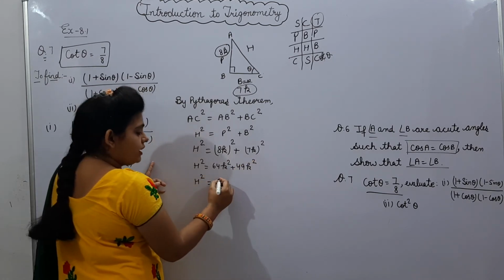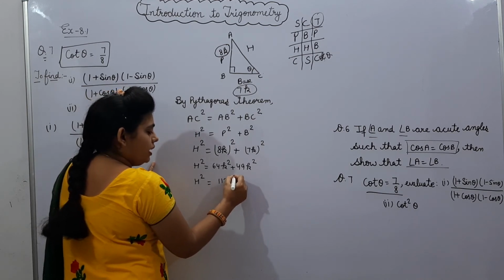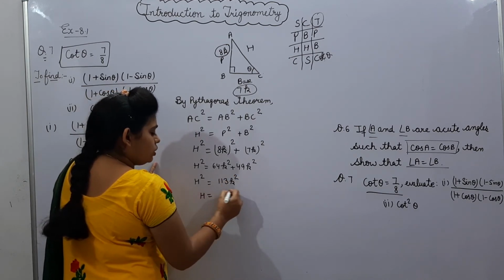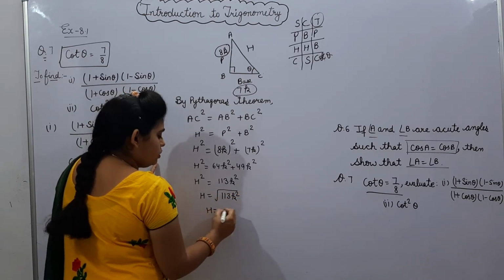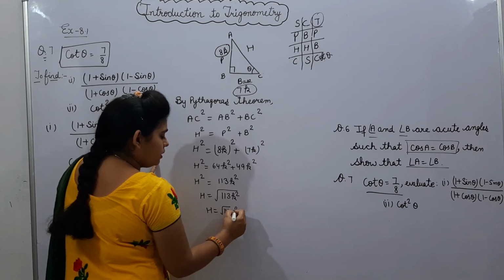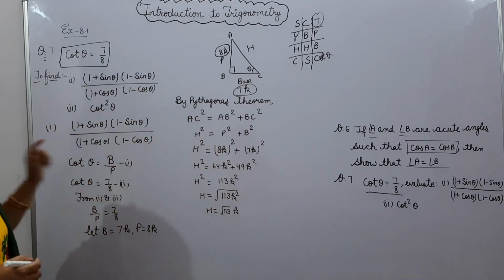On adding these we get 113k², and h is equal to the square root of 113k², means h is equal to √113 k.